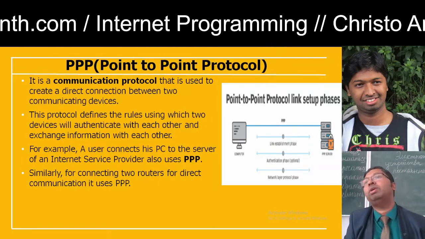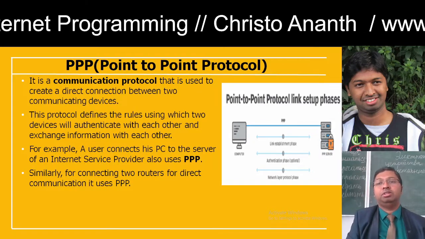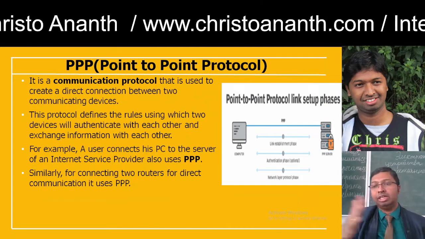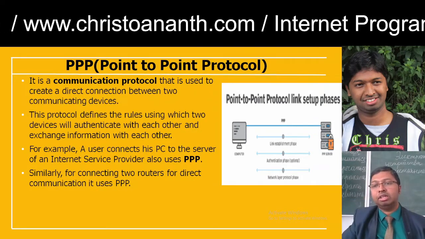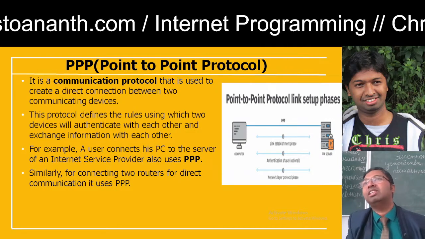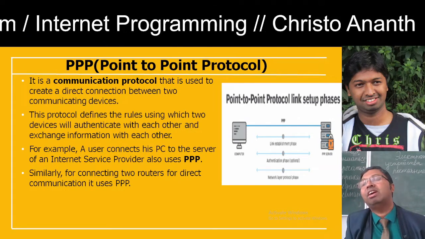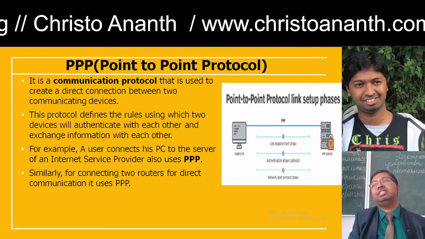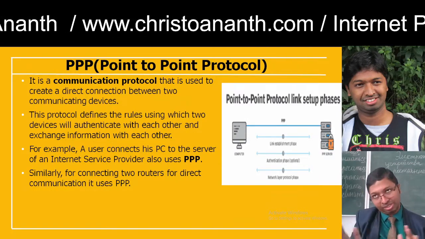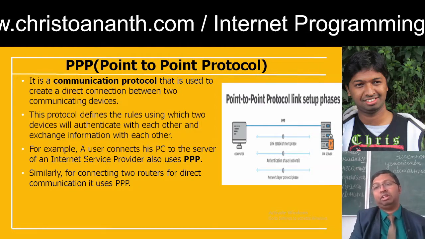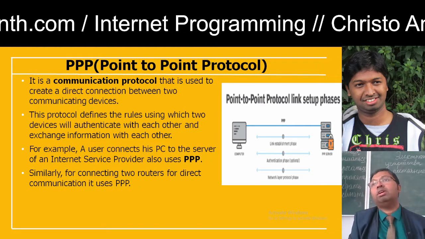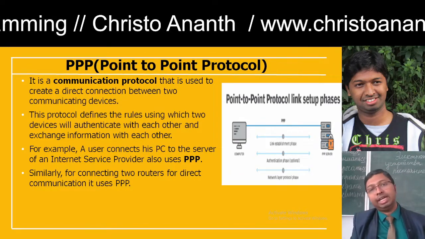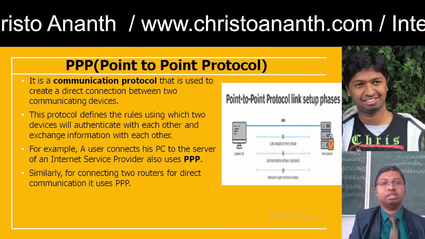Then you have the point-to-point protocol, PPP. Generally there are three phases between the computer and the server: the link establishment phase, the authentication phase, and the network layer protocol phase. What is authentication? Authentication means privacy, security, safe. It is a communication protocol used to create a direct connection between two communicating devices.